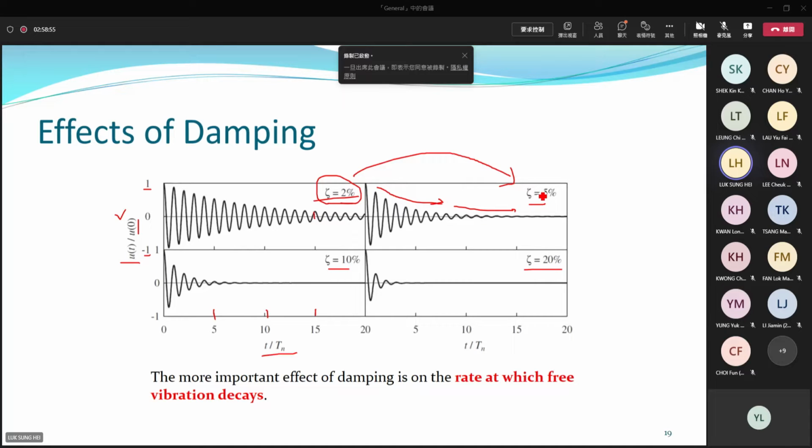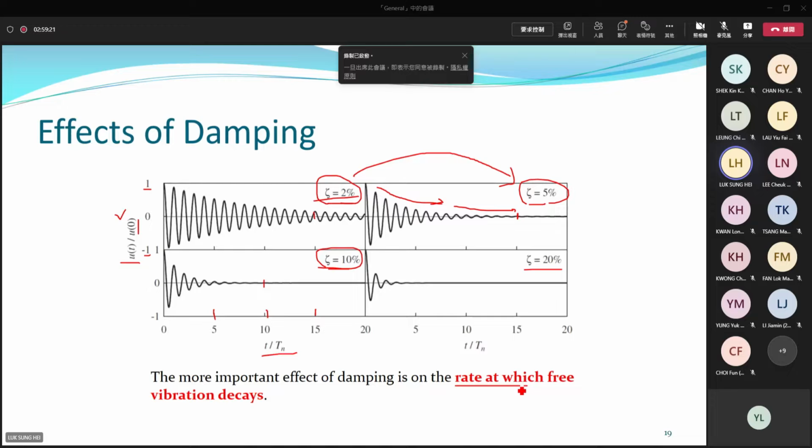But when you increase the damping ratio to 5%, at cycle 15 you cannot see vibration, right? Almost at rest. If you increase the damping ratio even further, up to 10%, the system stops at around 10 cycles, or even earlier.